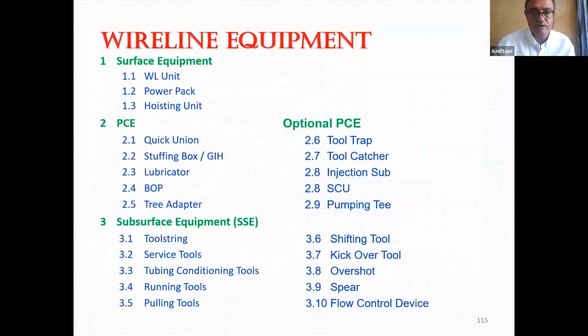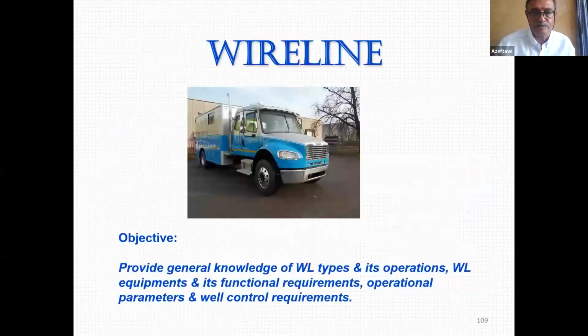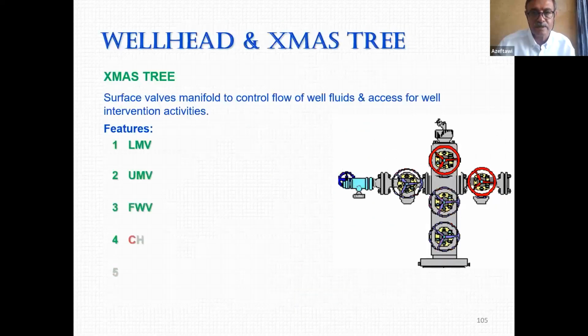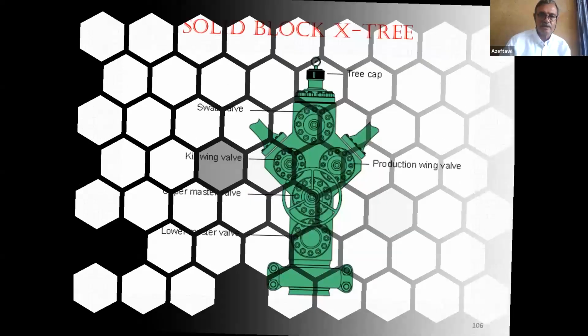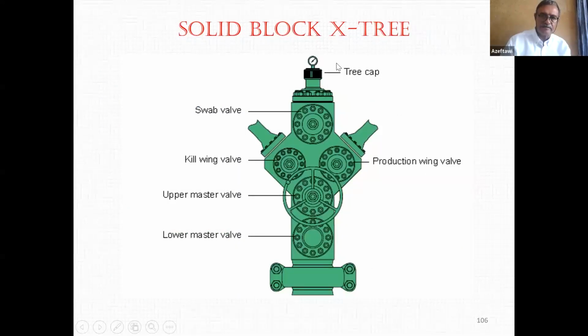When you rig up your wireline equipment on a Christmas tree, you go to the Christmas tree. This is the Christmas tree. You need to rig up your wireline now. What you have on top of the Christmas tree is the tree cap.